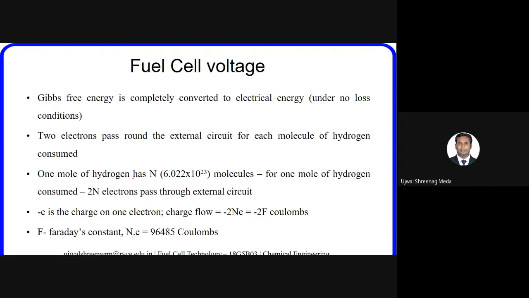That is the amount of charge generated for every mole of hydrogen consumed, expressed in coulombs. This N times e, the product of Avogadro number and charge on the electron, is collectively addressed as F, that is Faraday's constant, which is 96485 coulombs. So now we know the charge that is generated when 1 mole of hydrogen fuel is consumed in a fuel cell.